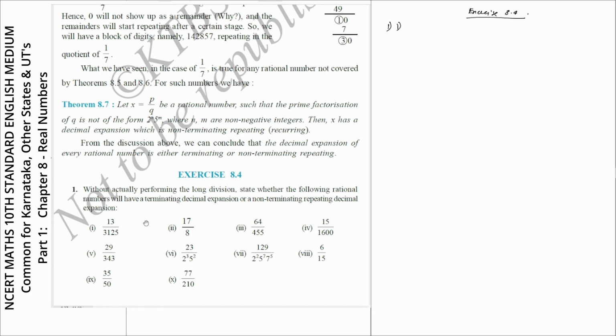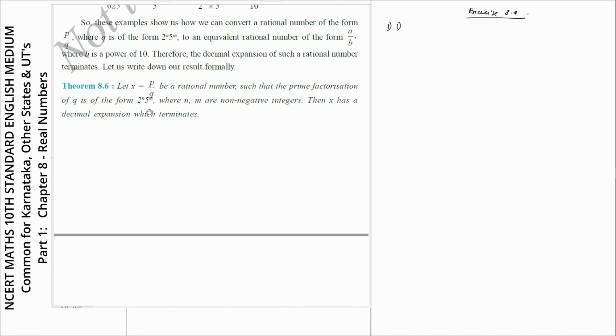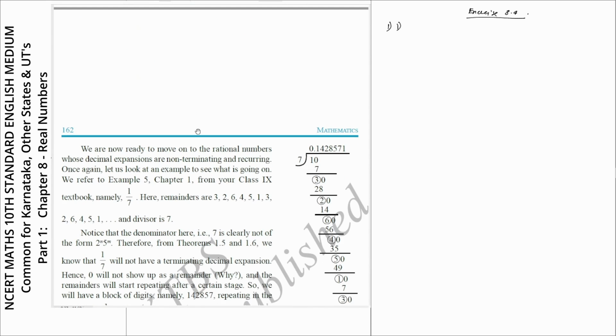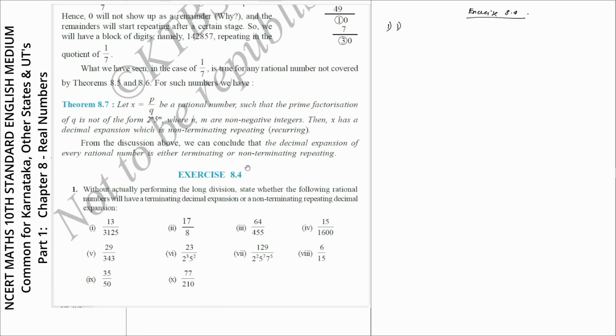As you have studied in theorem 8.4, if we can express the denominator in the form of 2 power of n into 5 power of m, where n and m are non-negative integers, then the decimal expansion will terminate. If we can't express it in that form, then the decimal expansion will be non-terminating repeating. Okay, so the first sub question is 13 by 3125.